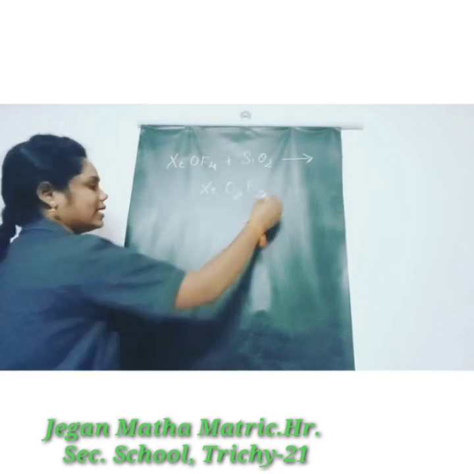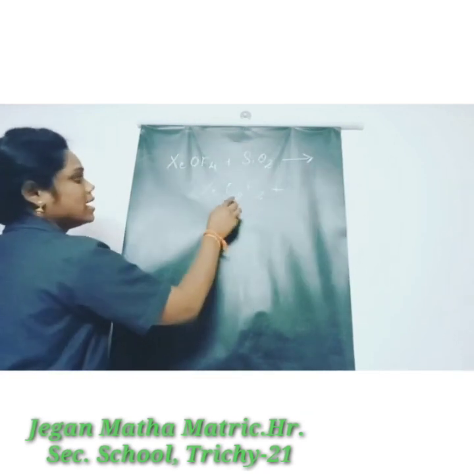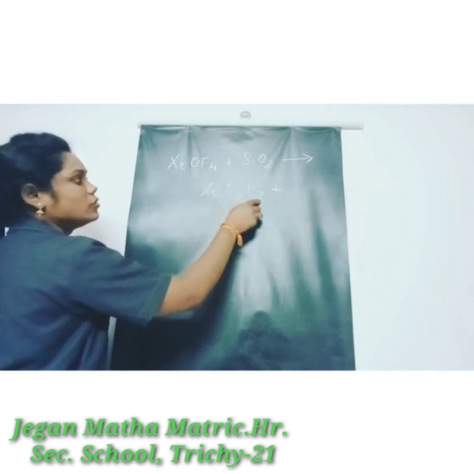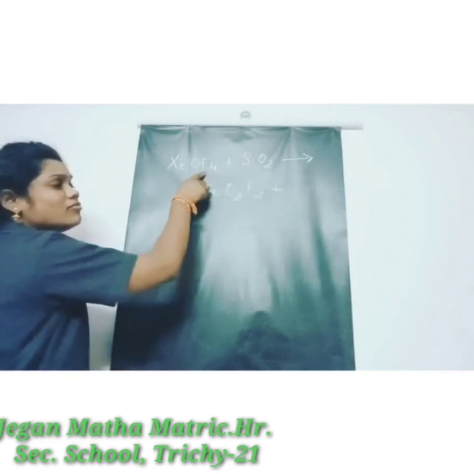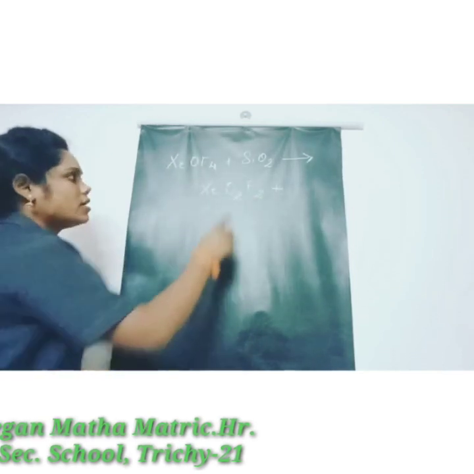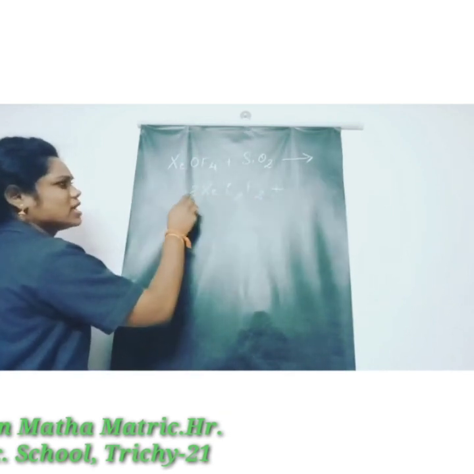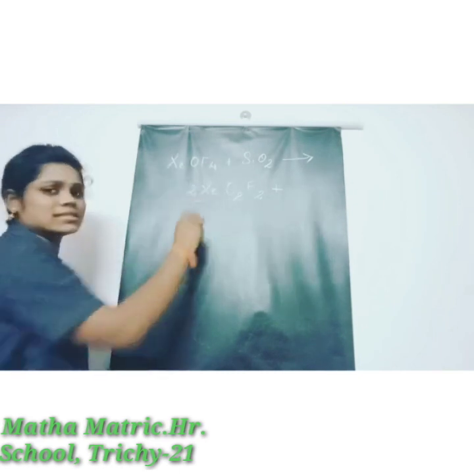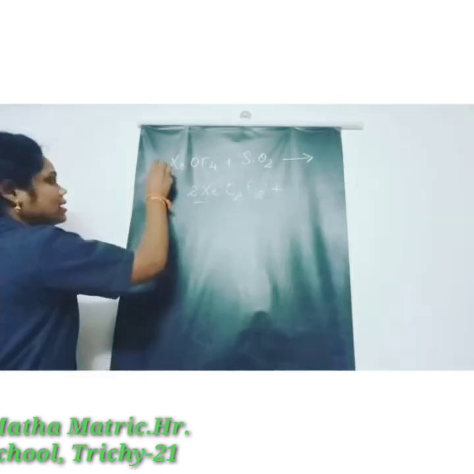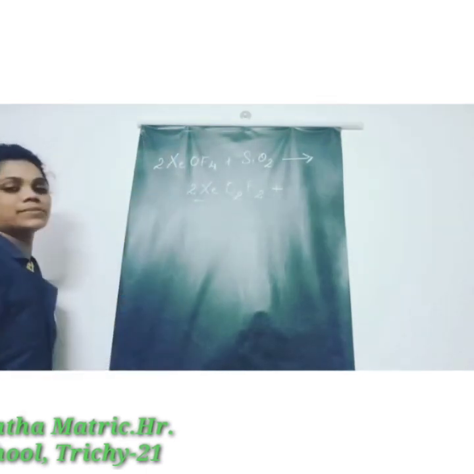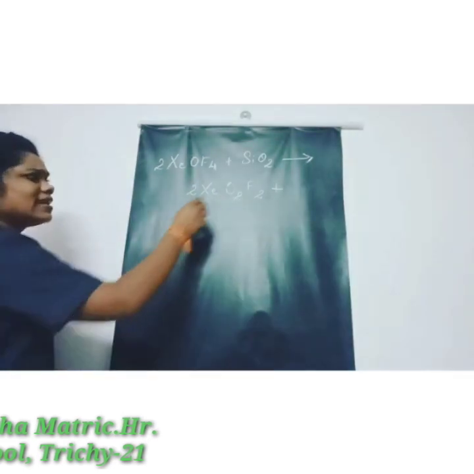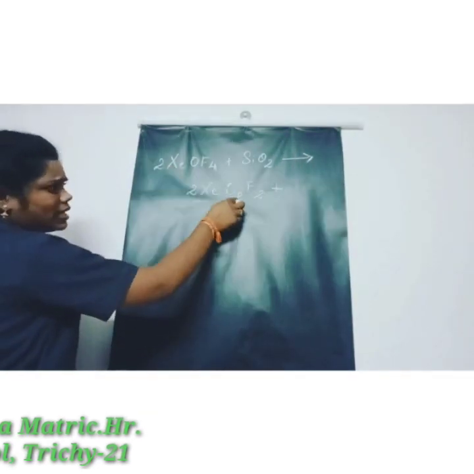Plus what is remaining? So here we take oxygen 2 times and fluorine also 2 times. But here fluorine is 4 times. So here 2 times means 2 twos are 4 times. So now xenon is 2 times, so here xenon is 2 times. Very clear? Okay. Then oxygen here 2 times, so here also 2 times.